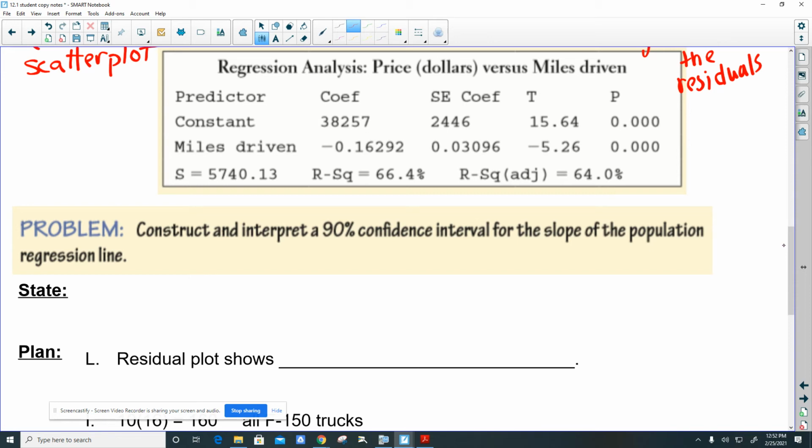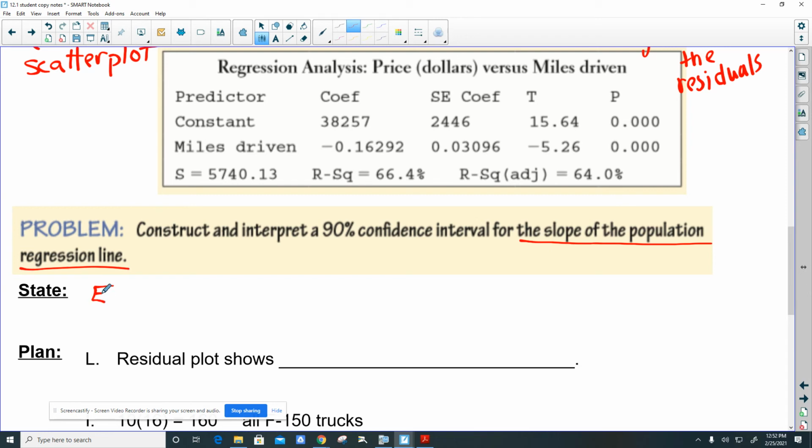So it's asking us to construct and interpret a 90% confidence interval for the parameter, the slope of the population regression line. Remember, when we do confidence intervals, we categorize this process as state, plan, do, conclude.